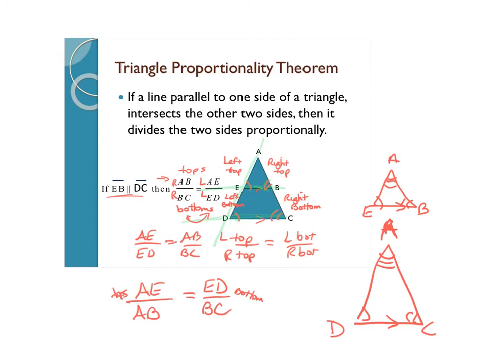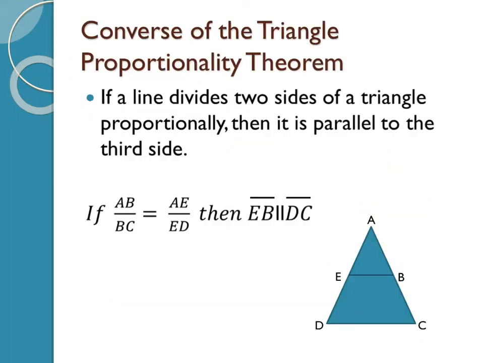Does that make sense? So just stay consistent. If you're going to do left top over left bottom and then right top over right bottom, just make sure you're staying consistent. Or if you're doing top over top, you need to do left over right, left over right. Just stay consistent.